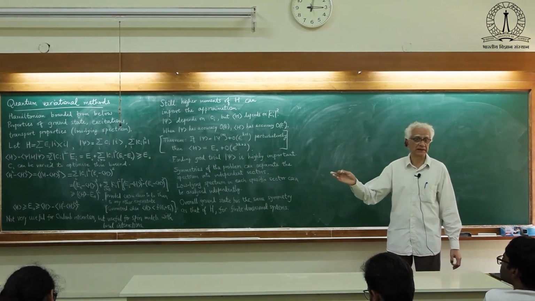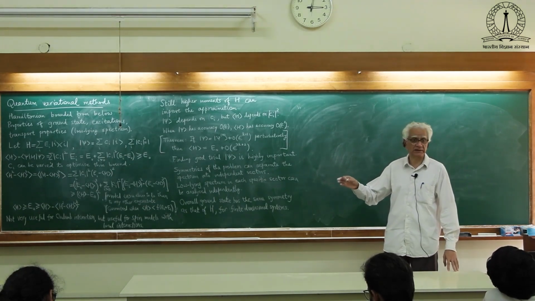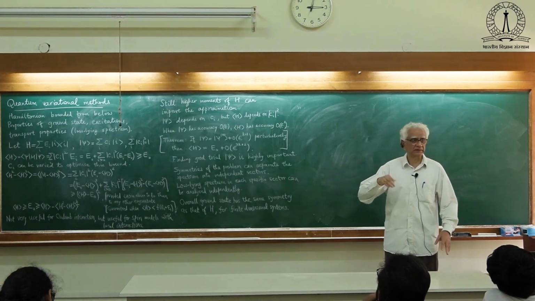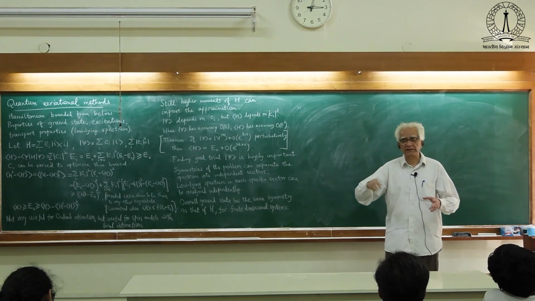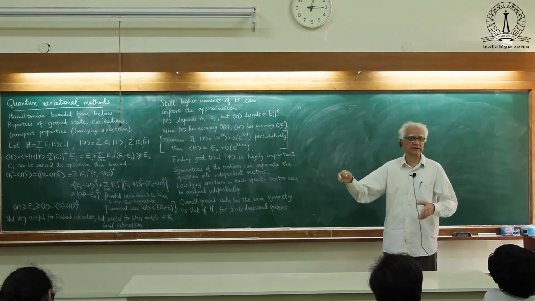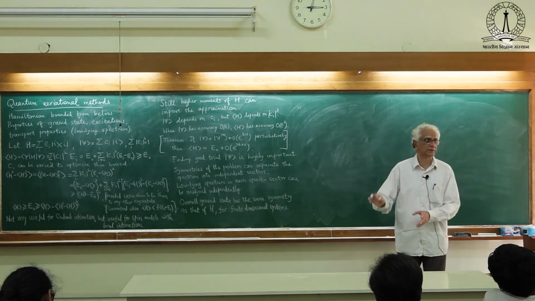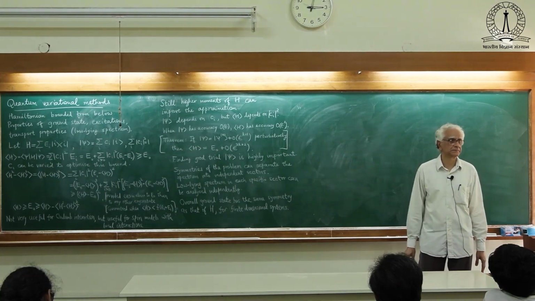So for example, if I do it for a harmonic oscillator and the quantum number is n, then one sector will have n equal to 0, 2, 4, 6, 8, etc. The other sector will have n equal to 1, 3, 5, etc. And I will get the behavior inside those particular sectors. They separate out.